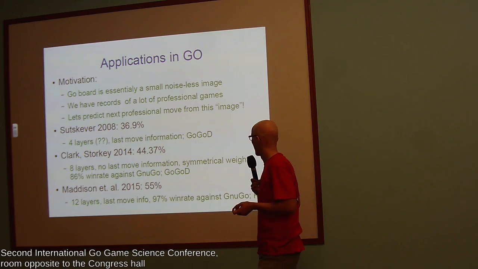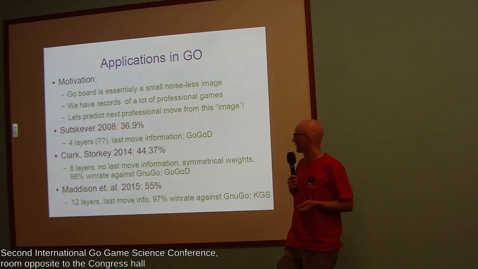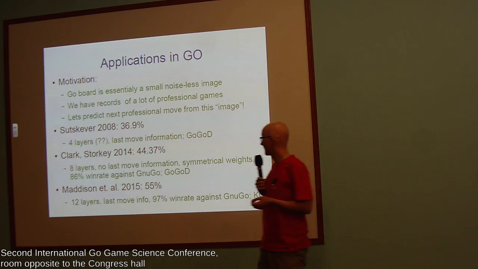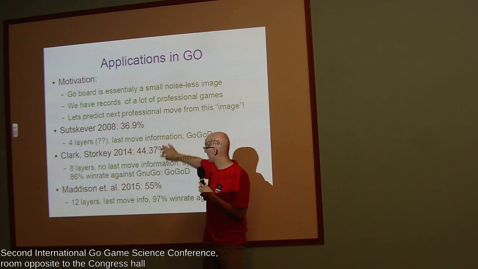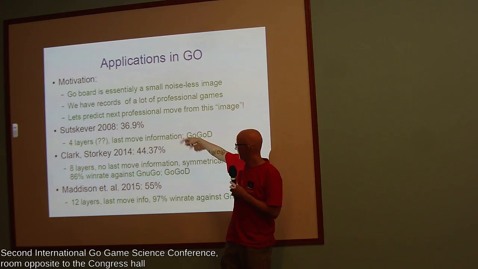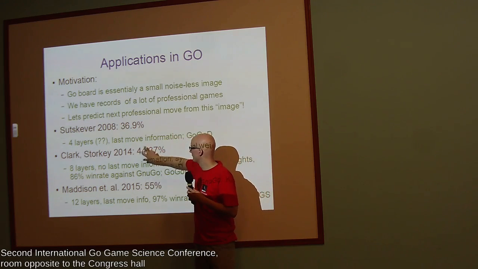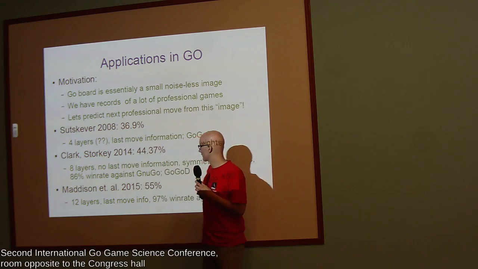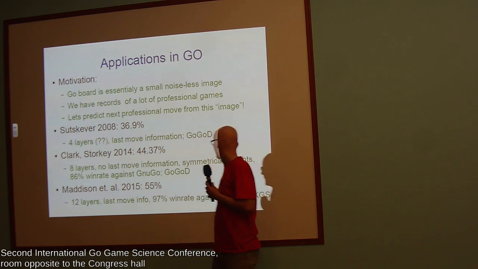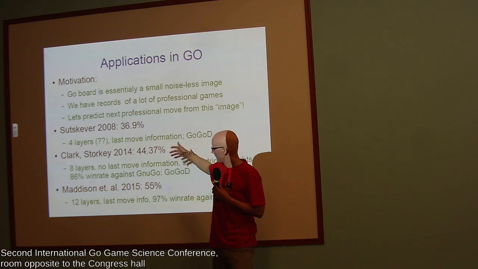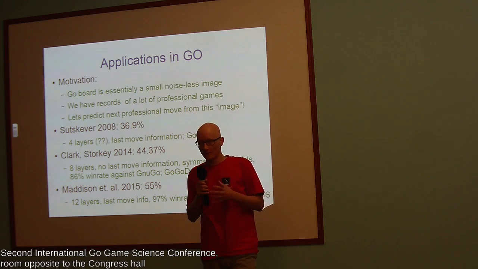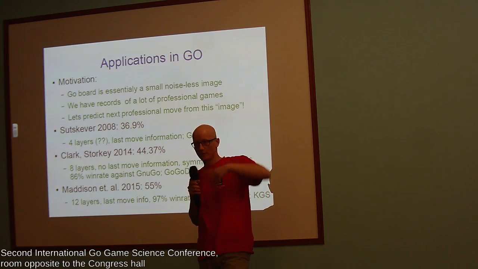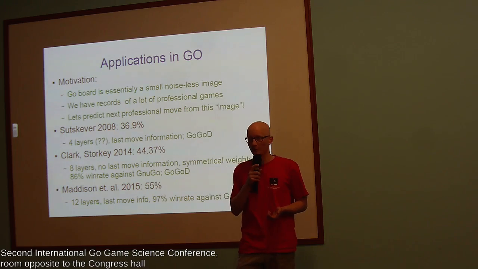Then the field was quite quiet for a while, and recently, like last winter, another paper came which at first improved the percentage, and what's more important, they tried to use the network as a player, because once you can predict the next move, you can basically use this network as a player.